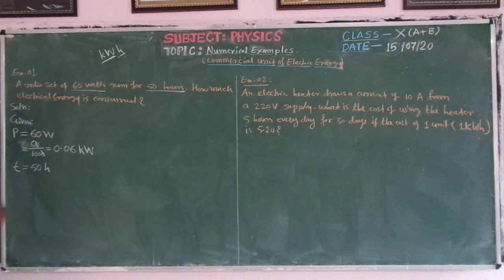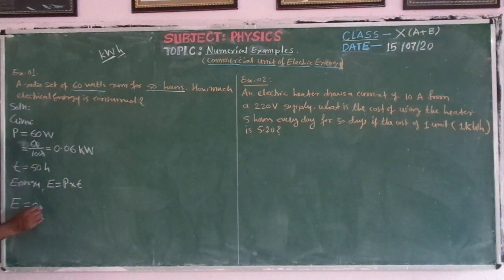Now we have to write the formula. What is the formula for electric energy? Energy E equal to P into T. E equal to P into T, and therefore now we have to write E equal to P. Which P we have to utilize?